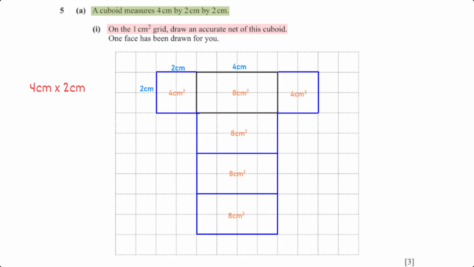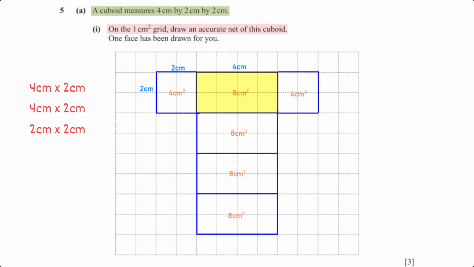Another 2 of the faces would have the dimensions 4 centimeters by 2 centimeters. Then the remaining 2 faces would have the dimensions 2 centimeters by 2 centimeters.